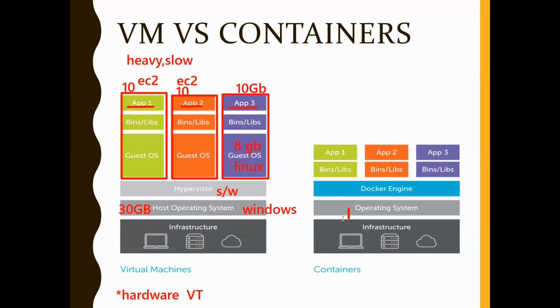Then what is a container? Again, see, this is my laptop. My laptop has Windows 11. If you want to run containers, install Docker engine, the Docker daemon, whatever you call it; your Docker should be running. Above that, you can have containers.